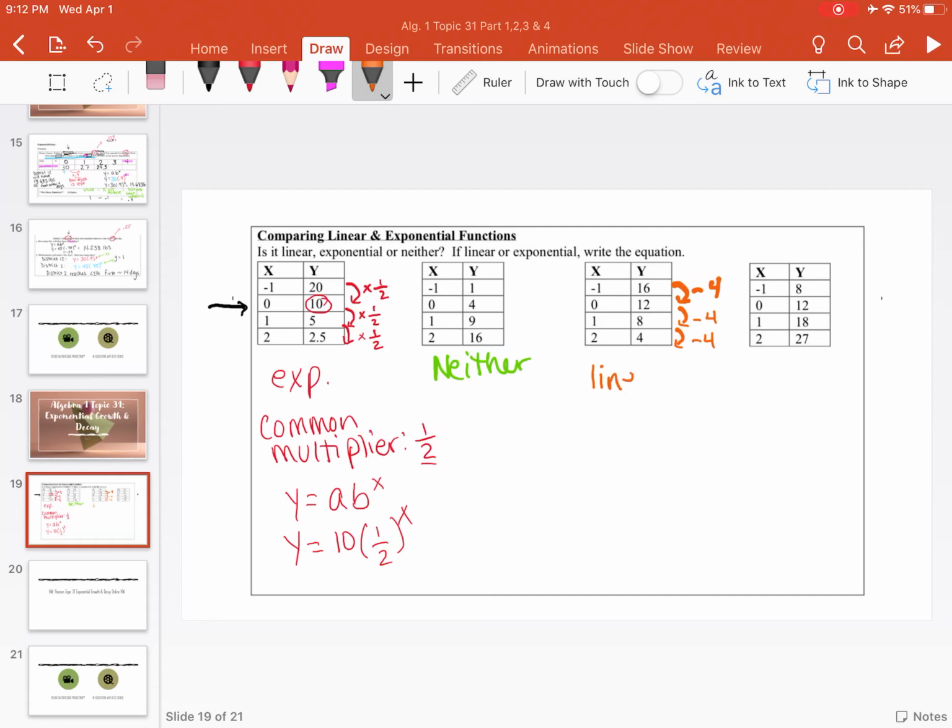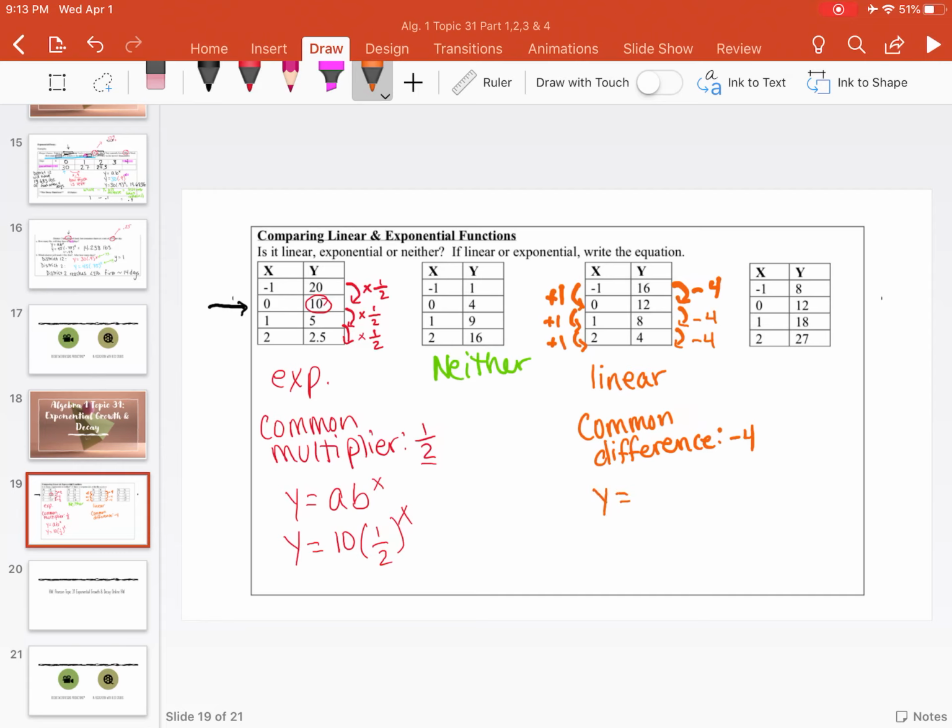So this is an example of a linear model with a common difference of -4. And if we want to look at the x value, in this case, we add 1 every time. And that's going to come in handy with our next step.